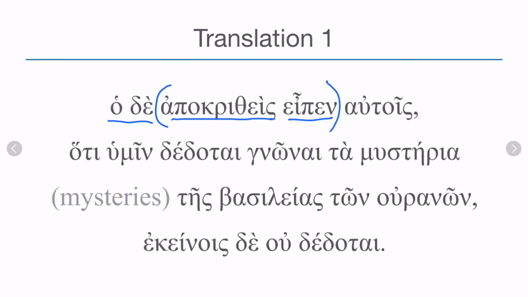Now, this is the translation decision that all translation committees have to make, how to handle this idiom and many others like it, like into the age for forever, or into the ages of ages, forever and ever. Translation committees, because they need to be consistent, will have made these decisions in advance. But how are you going to translate this?